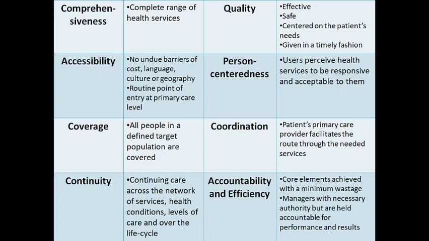And then finally, accountability and efficiency, wherein the core elements of these services are achieved with a minimum wastage, and that managers, people who are managing the services, have necessary authority but are held accountable for performance and results. So the eighth attribute touches also on leadership and governance.